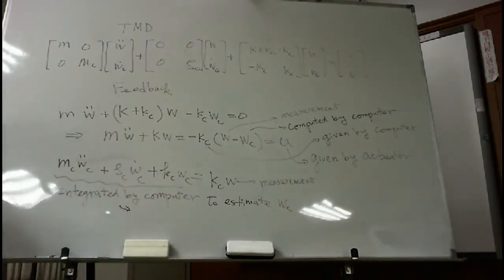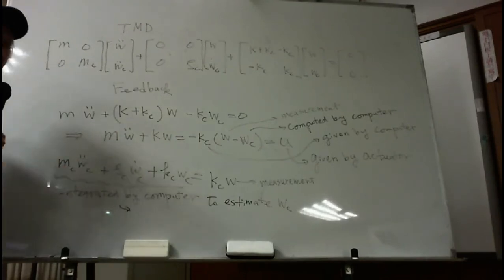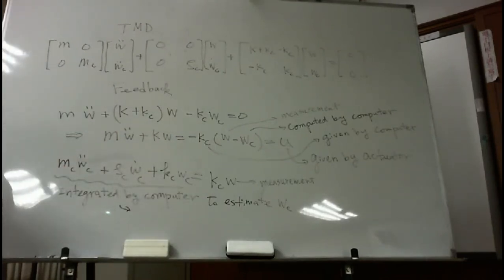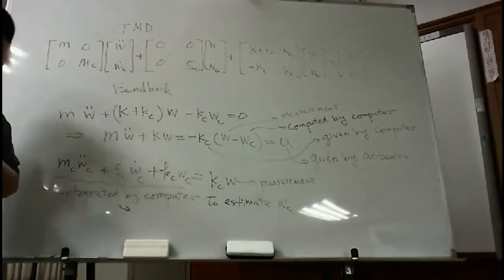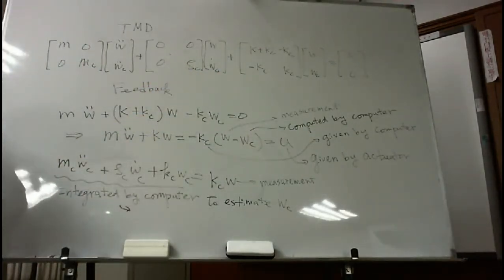For example, in the middle of an earthquake, you say, oh, performance is not good. You can quickly change that and make performance better. Understand? They're always stable. It doesn't matter what you change, it won't change the stability, but it will change the performance.